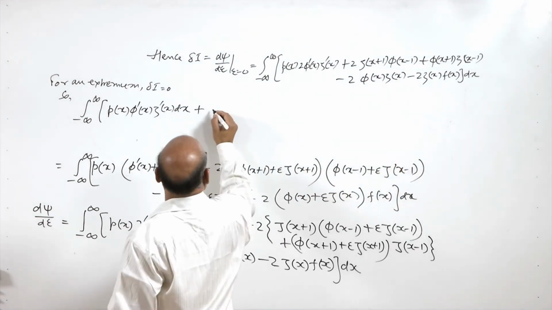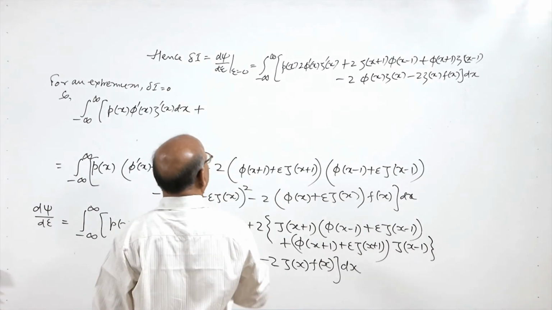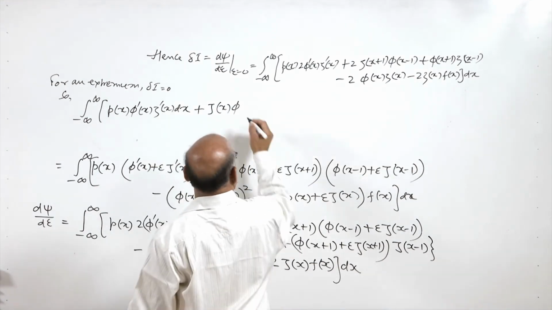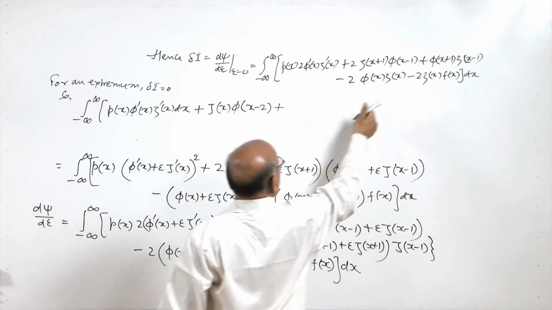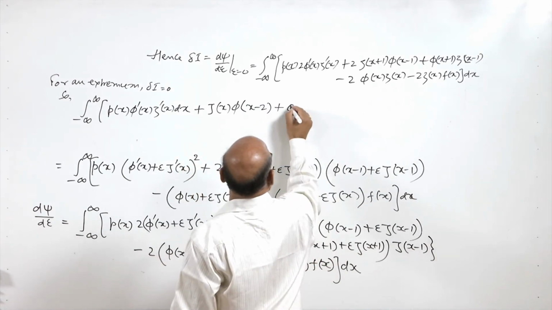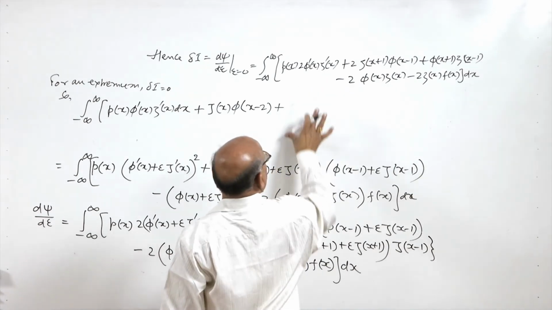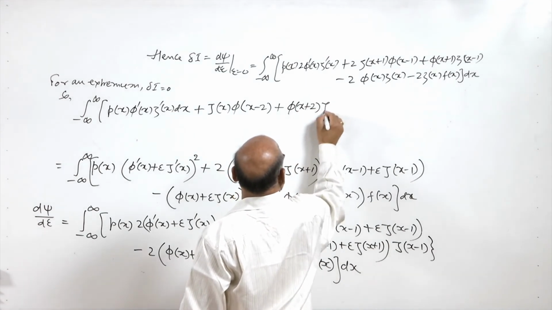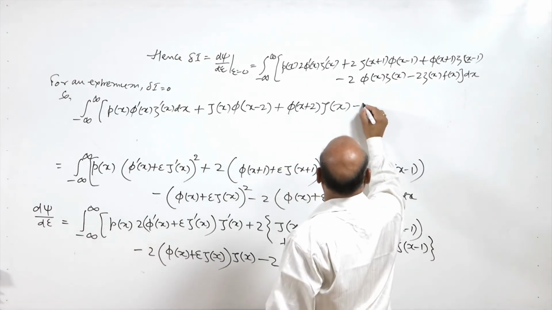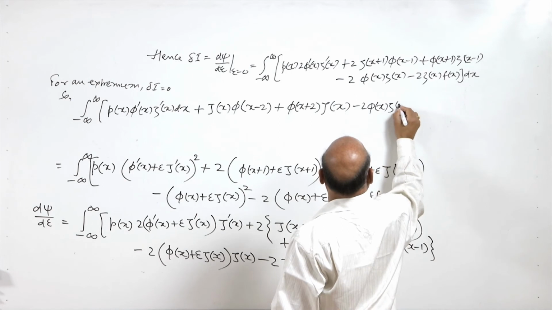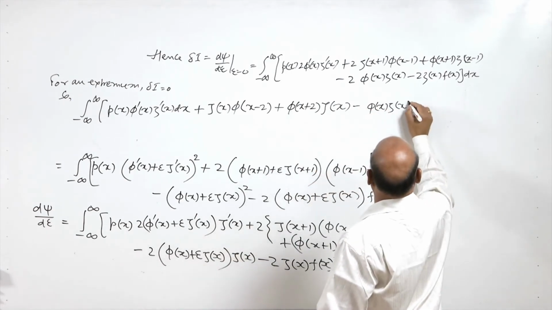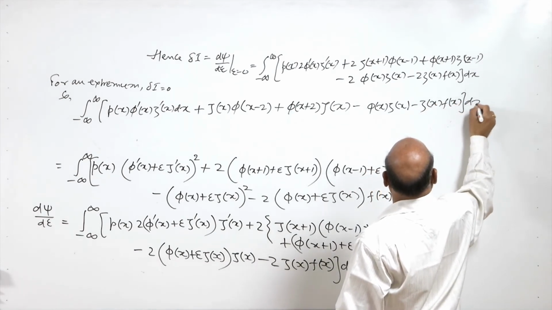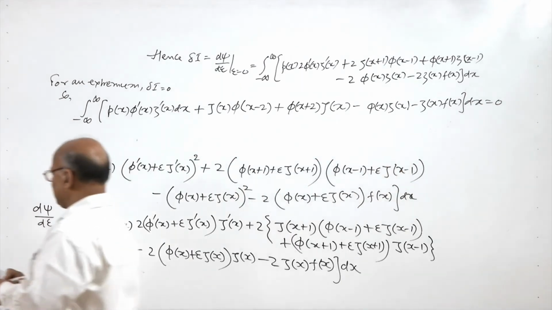What we will get, the limits will remain minus infinity to infinity, so we will get zeta x phi, in place of x we are putting x minus 1, so x minus 2 plus, in the second one we are putting x minus 1 in place of x, so x is replaced by x plus 1, so phi x plus 2 zeta x, and then here we get minus phi x zeta x, sorry, not 2, it is divided, phi x zeta x, and then we get minus zeta x f x dx equal to 0. Now we do the following.